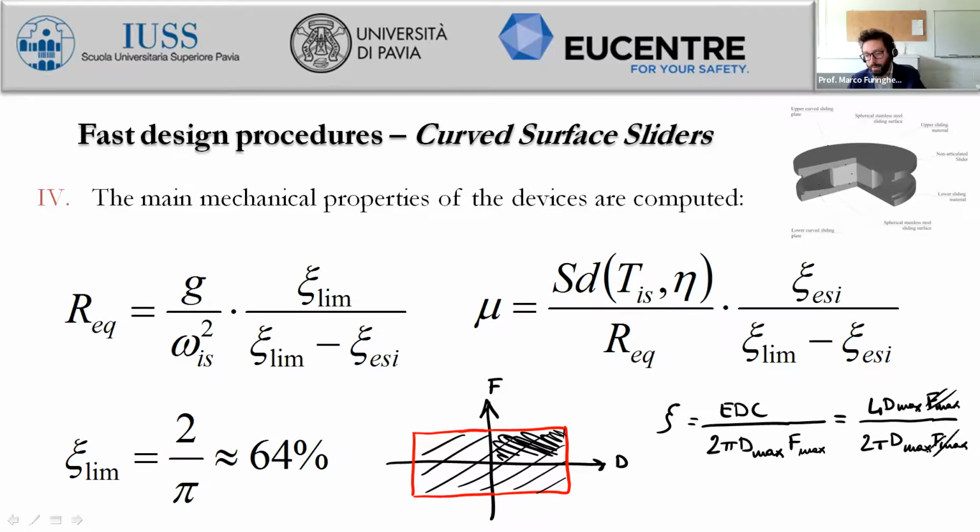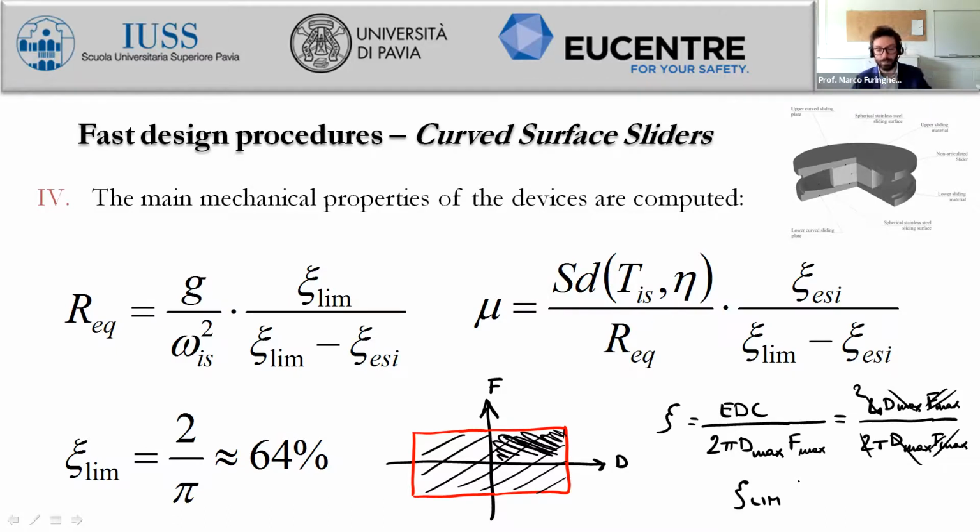So we have 2 over pi. Okay, and this is called Xi limit, and it is called limit because this is actually the highest value of equivalent viscous damping ratio. With any other shape of hysteresis loop, you cannot achieve a higher value of the damping ratio.